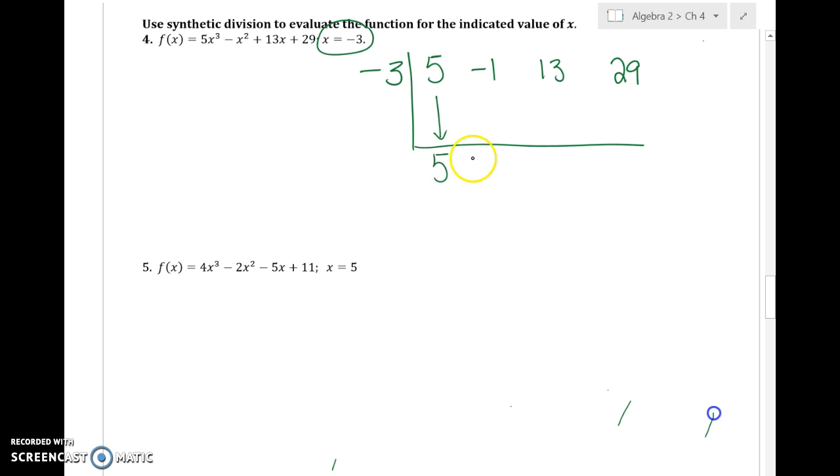Negative 3 times 5 is negative 15. And add them together, and we get negative 16. Now this is where I need the help of someone with a calculator because I can't do this kind of multiplication in my head. Negative 3 times negative 16 is positive 48. 48 and 13 added together.